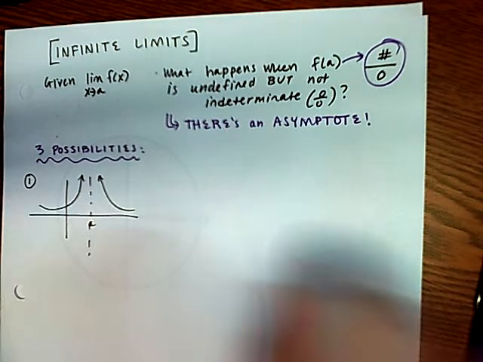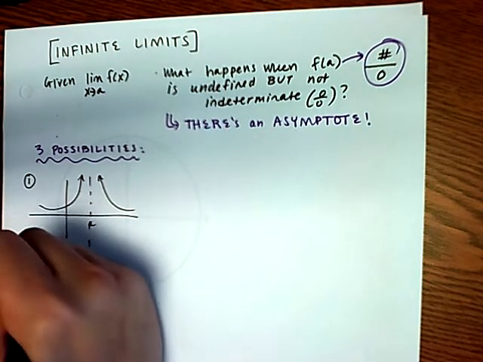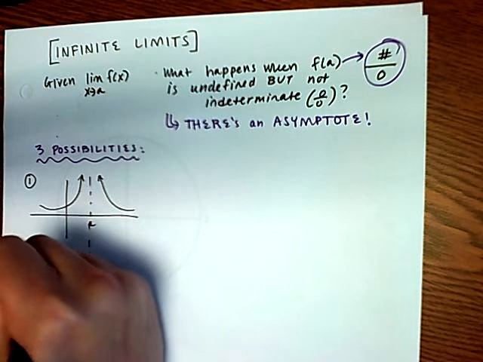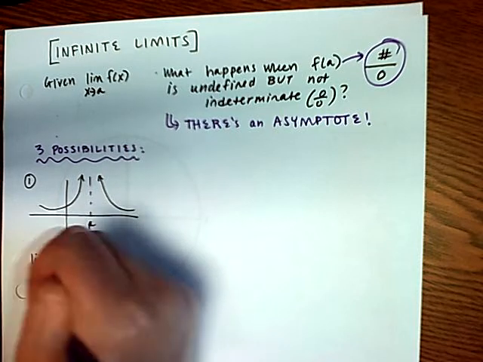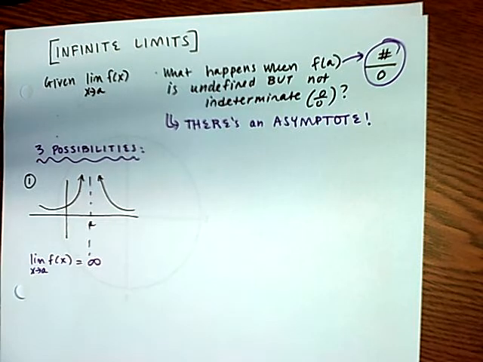If I asked you what's the limit as x goes to a of f of x, we would call this infinity. I could also say does not exist, but one option is infinity.